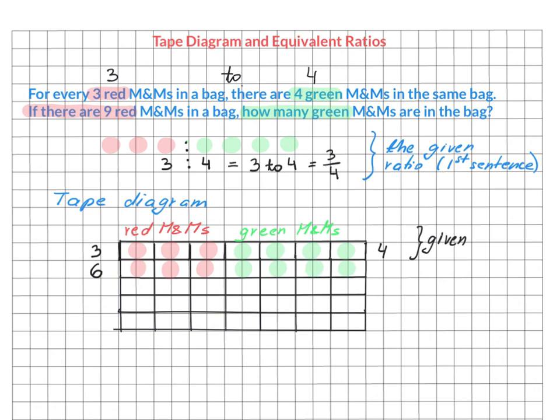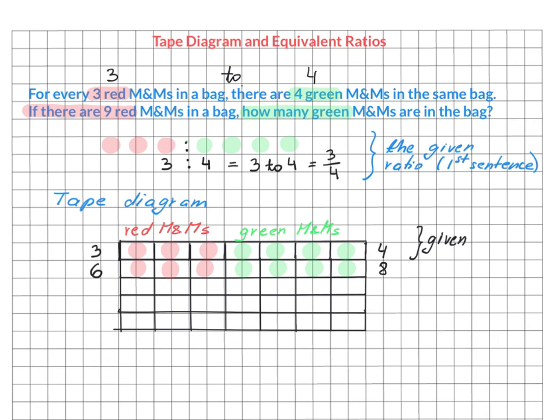And I have to see how many green M&Ms I have now. So 4 from the first line plus 4 in the second line. 4 plus 4 is going to give me 8. So that's going to be 8 green M&Ms.